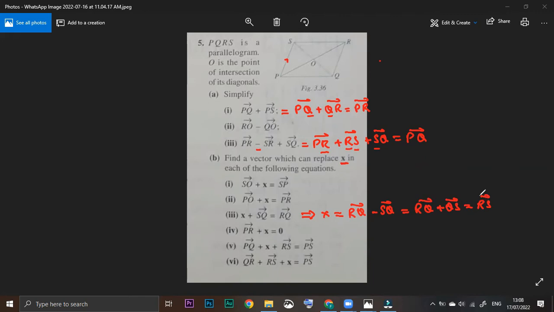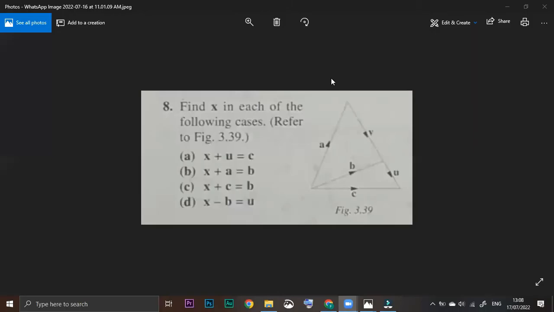Now, next example. This question is very important. Find x in each of the following cases. The diagram is given.